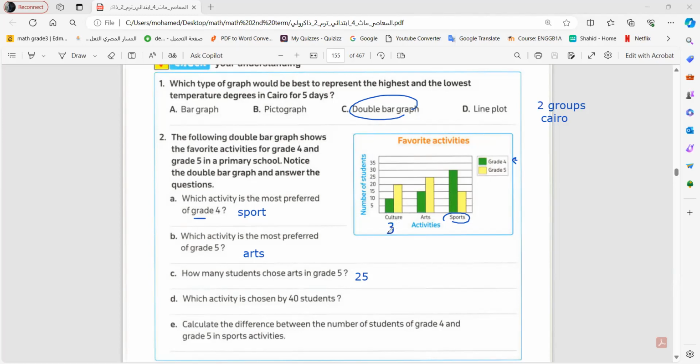So the culture, how many choose? 30. Bravo. For arts, you have 15 and 25, which is 40. What about sports? 30 and 15, which is 45. So which activity got the 40? Amazing, the art.